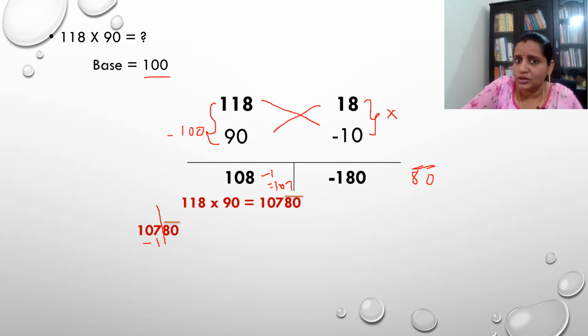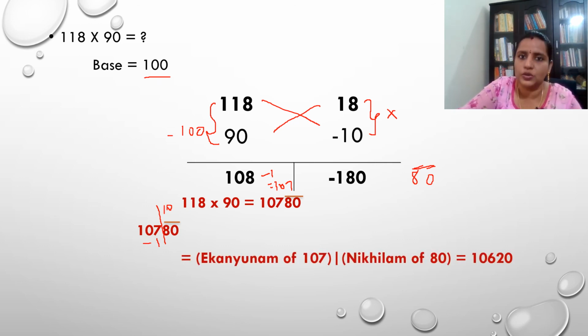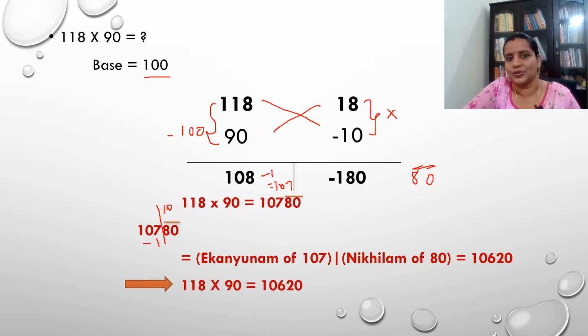The last digit is 0, so 8 will be considered as the last digit. So I have to apply only the tens complement here. So 10 minus 8 gives me 2, so it's 20. So 107 80 bar is equal to 10620. So 118 into 90 is equal to 10620.